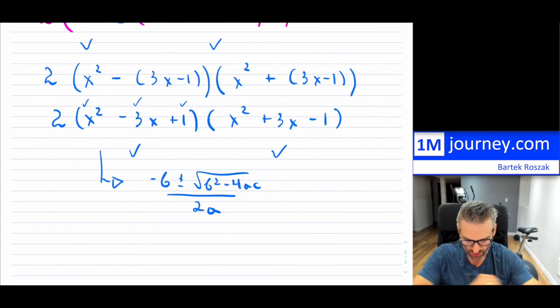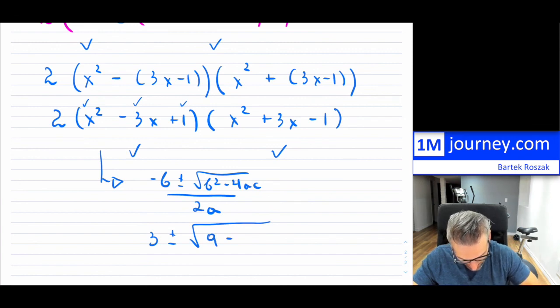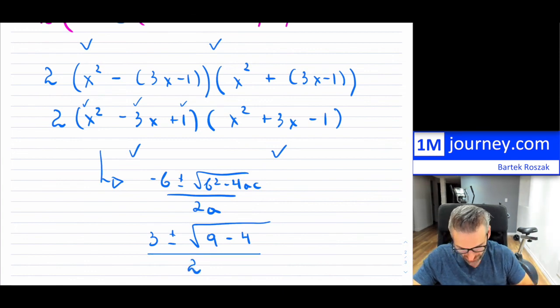So in this case, what would we get? Just to see, I'm going to get 3 plus or minus, and then under the square root, b squared, so that's going to be 9 minus the 4, and then divided by 2.